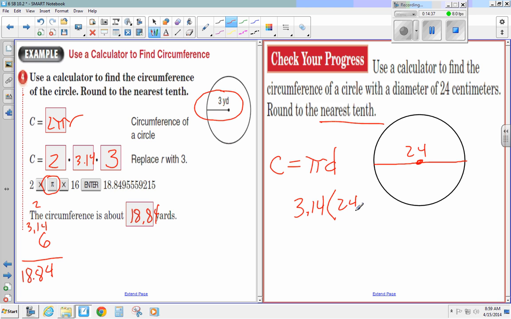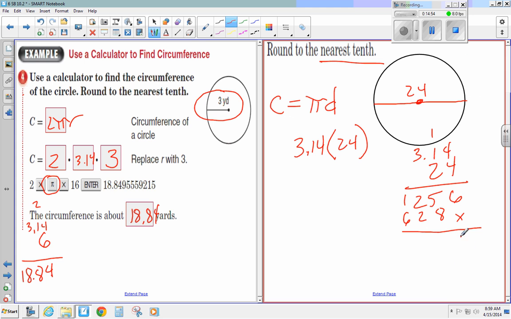Diameter is 24. And now I just multiply. 3.14 times 24 is 75.36.